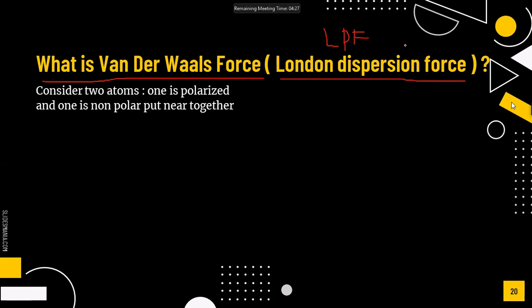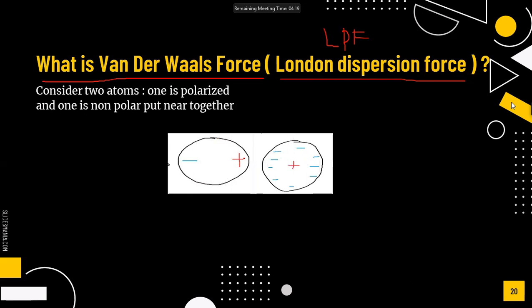One is polarized and one is non-polarized, but we put the two atoms near together. So I have a question for you. If I put a polarized atom near a non-polar atom, what will happen?